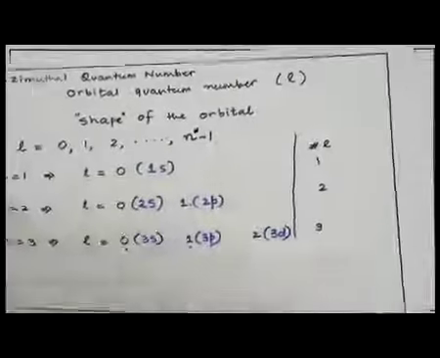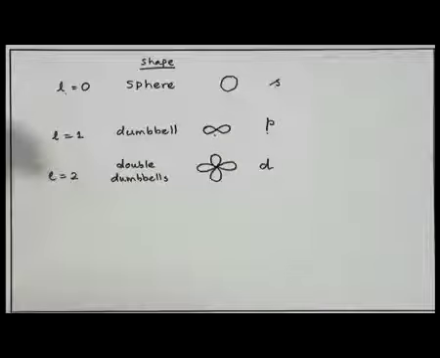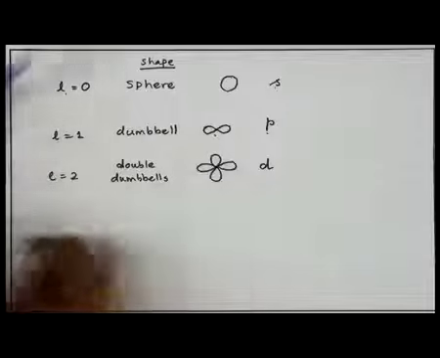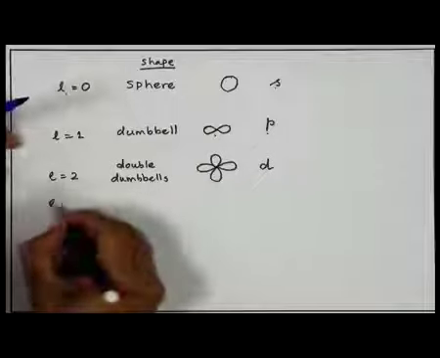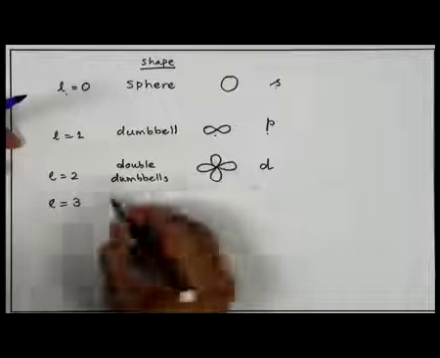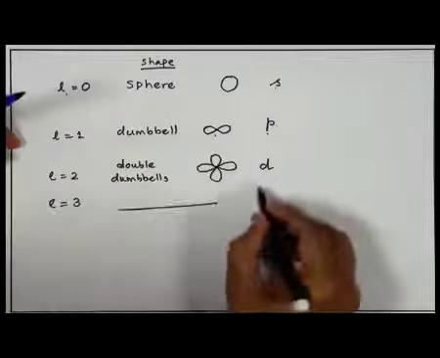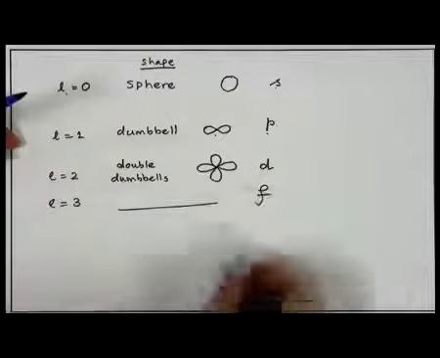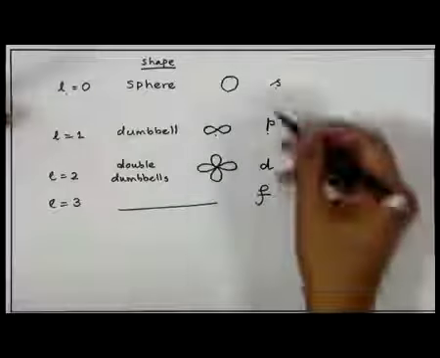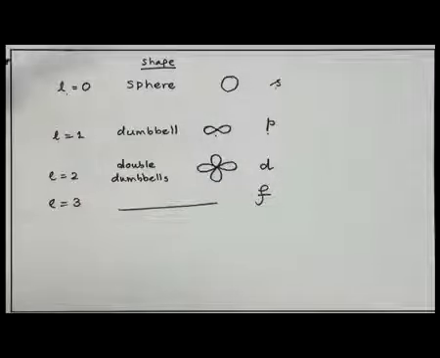So, we can go on this way. You would need to know what happens when L equals 3. It has a very complicated shape, I cannot draw them, we call them f, and it goes on further s, p, d, f, g and so on and so forth.